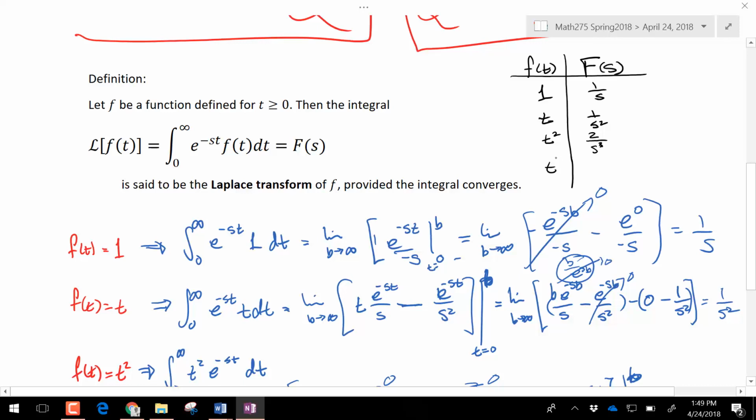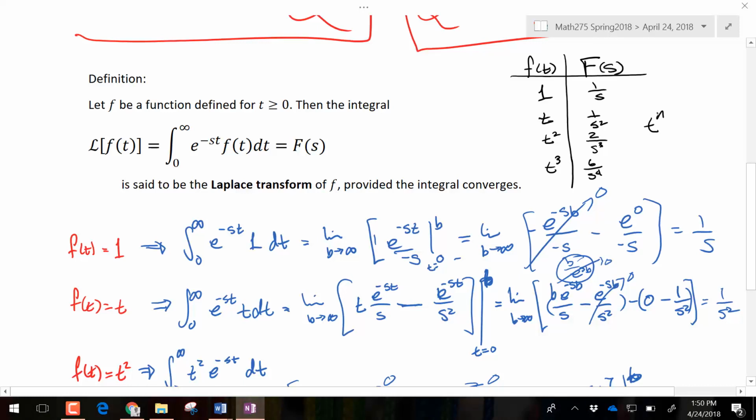Maybe there's no fortune here. When we do this for t cubed, we're going to get another weird constant over s and then 1 power higher.